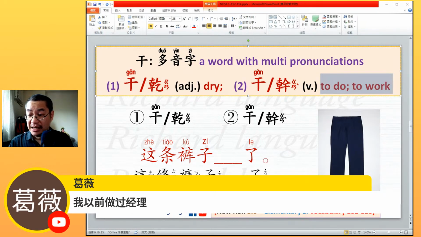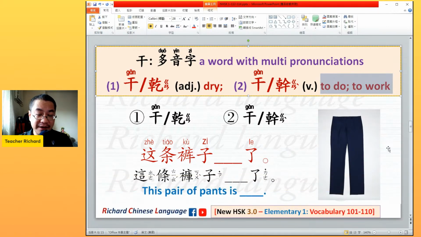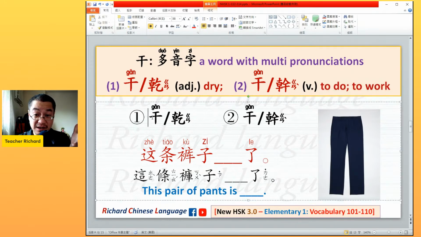Very good. Okay, so here I have a quiz for you, and you have to tell me the correct, exact pronunciation of the word. Should we pronounce it as first tone 干 or fourth tone 干 in the following sentence: 这条裤子干了. What's the exact answer?